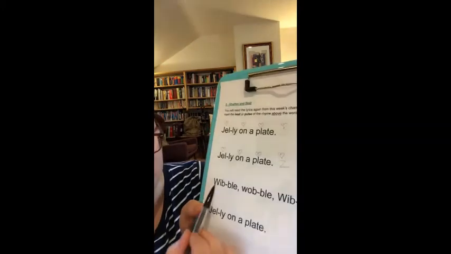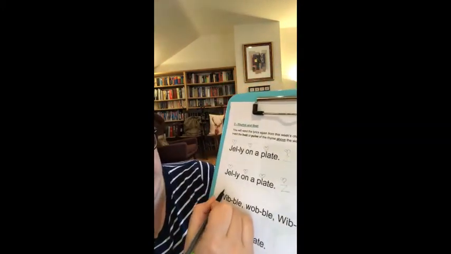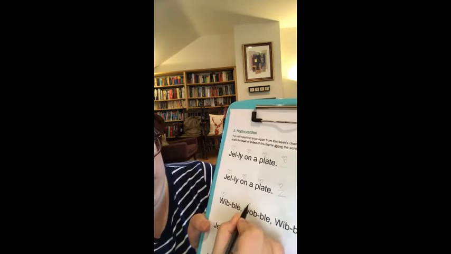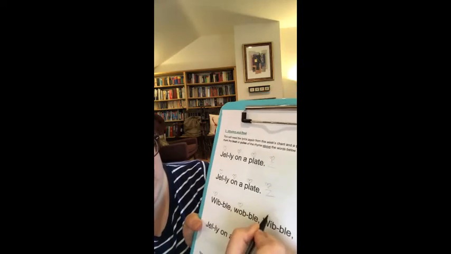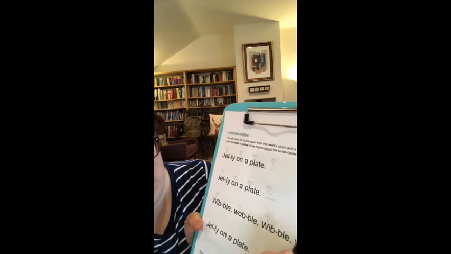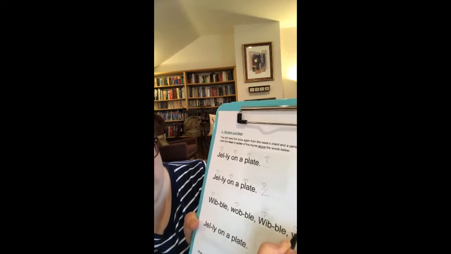So we're going to go jelly on a plate, jelly on a plate. Okay, fantastic. So moving on, we're going to do wibble wobble, wibble wobble. Okay, so just on the first part of each word, so we're going to put one there and another heart here, over wib of wibble and wob of wobble.